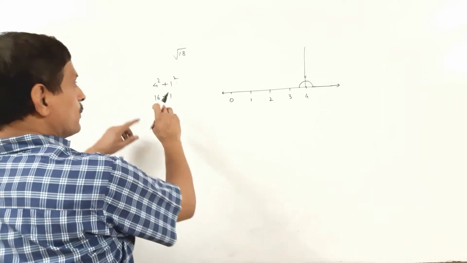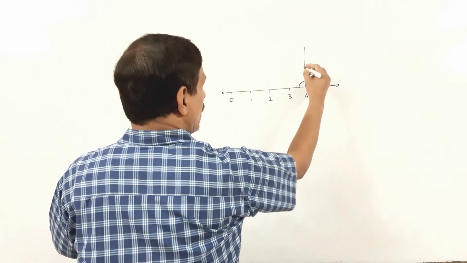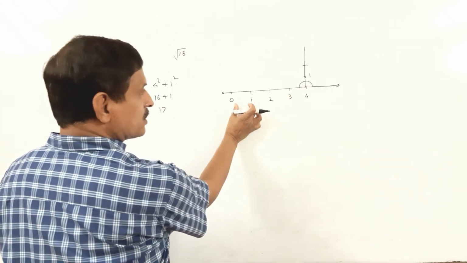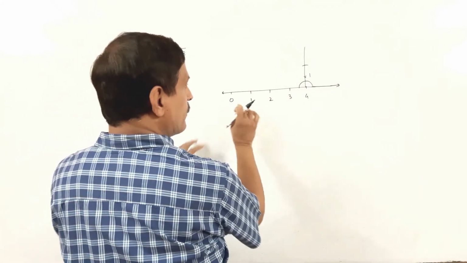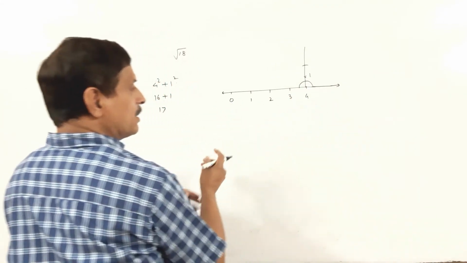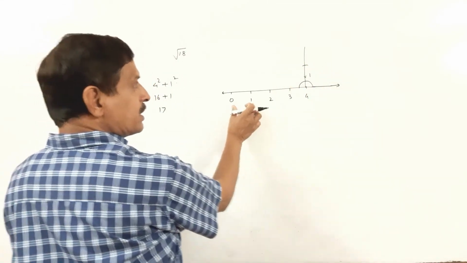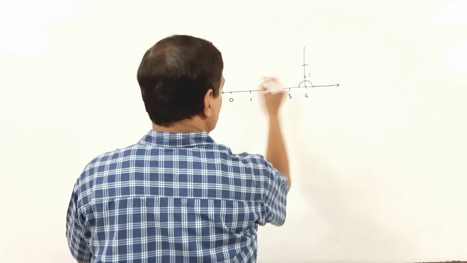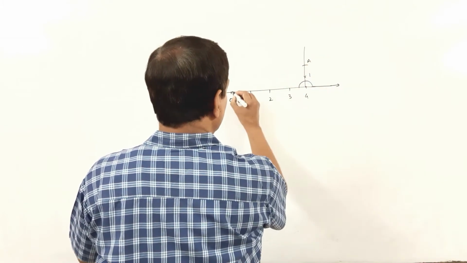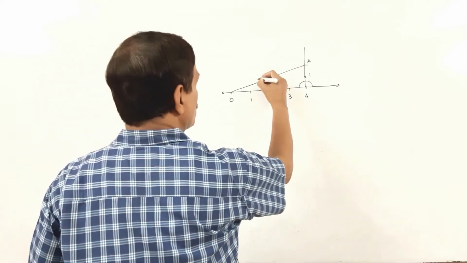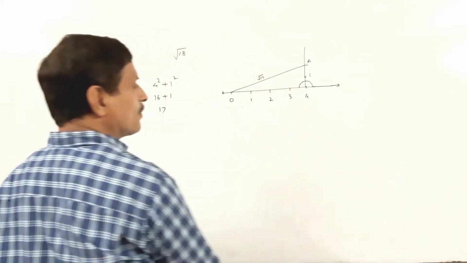Now cut an arc of 1 unit length which is equal to this 1 unit, whatever unit we have selected on the number line. So this arc length is equal to this unit length. Now we join, let this point be A, we join this, and this is equal to root 17.